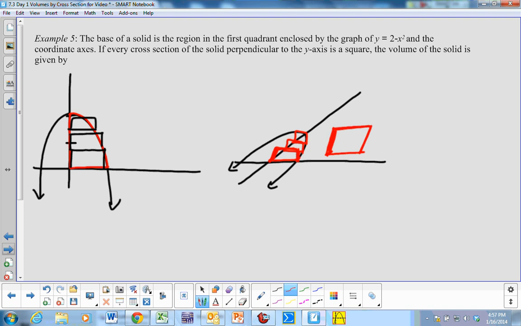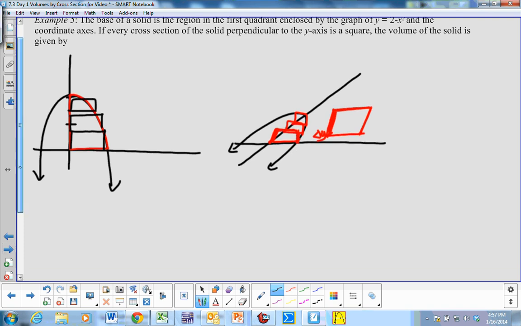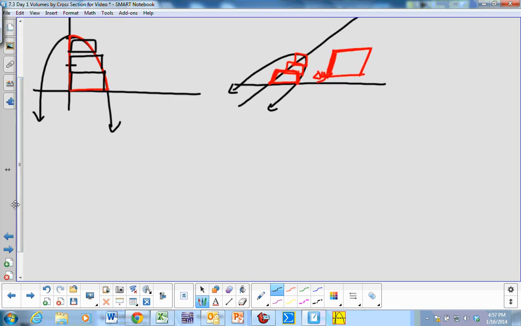So this is the same exact process, the difference is just the width is going up and down. So this is delta y for the width of my little slice, and everything in the problem just needs to be in terms of y. That's it. Otherwise, everything else is the same. We were given the function y equals 2 minus x squared, so we have to solve it for x to get it in terms of y.